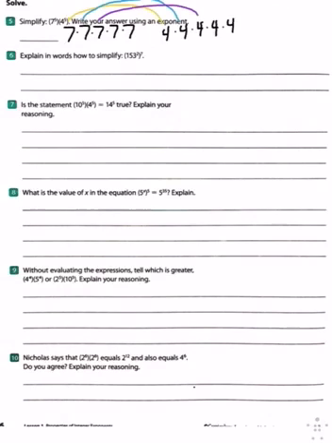And so your answer is going to be 7 times 4 to the fifth power. 7 times 4 is 28, so it's 28 to the fifth power.